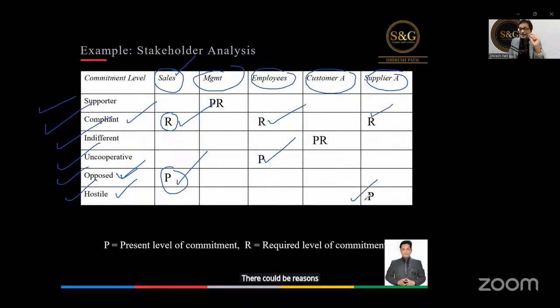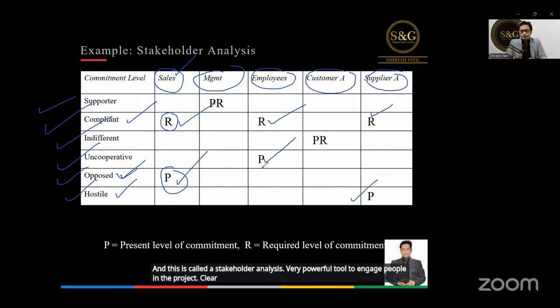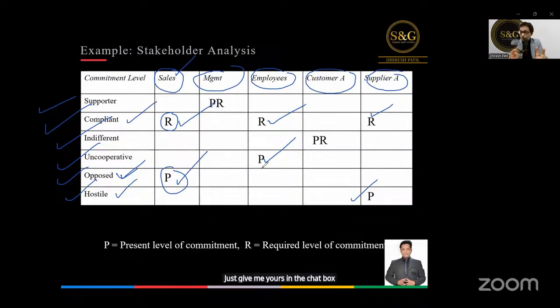You have to identify the reasons and bring them to the compliant or supporter level by continuous communication with them. This is called stakeholder analysis, a very powerful tool to engage people in the project. Clear? Just give me a yes in the chat box. If you observe closely, you can surface very subtle challenges with the help of this stakeholder analysis.